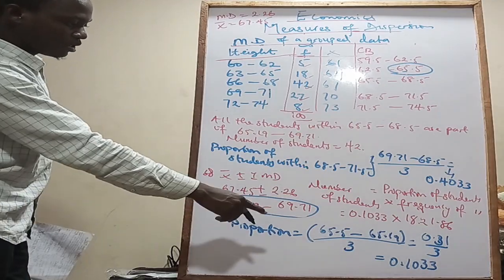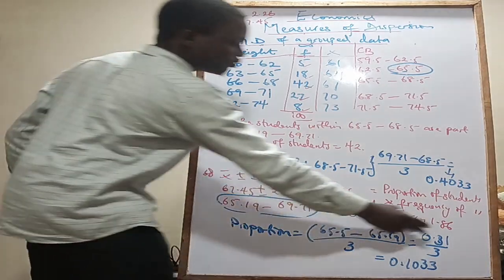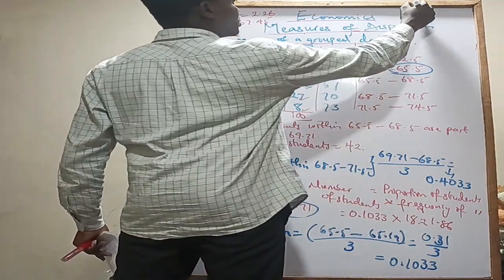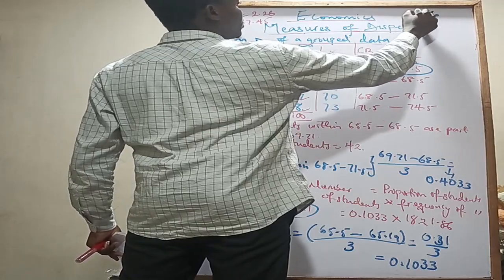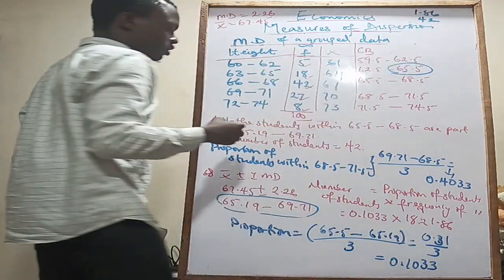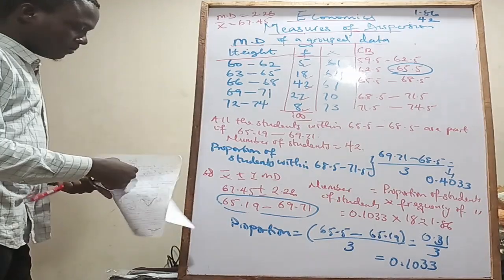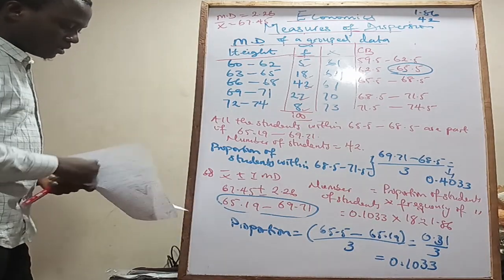Remember that we've gotten 1.86 students, and we've gotten 42 students. So we then erase.